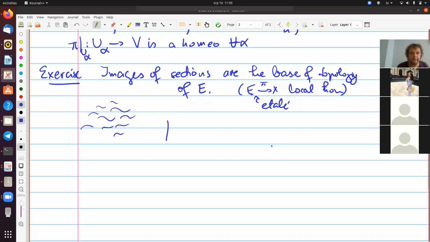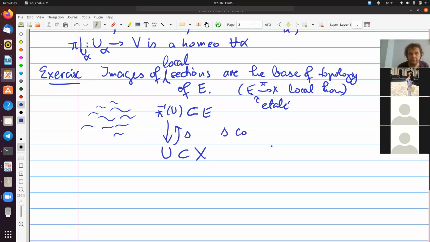If I have local sections, local section means a section above some open set. So you have some U in X, and you have π to minus 1 of U in E. A section is a continuous map.